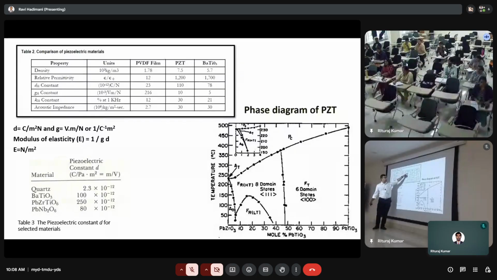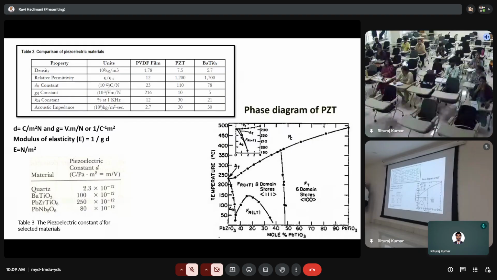Density: you can see PVDF is a polymer, so it has a low density. PZT is a ceramic, so that's why it has a high density. And then you have barium titanate. Relative permittivity, it's not permeability. We used to get relative permeability for magnetic materials from the slope, right?